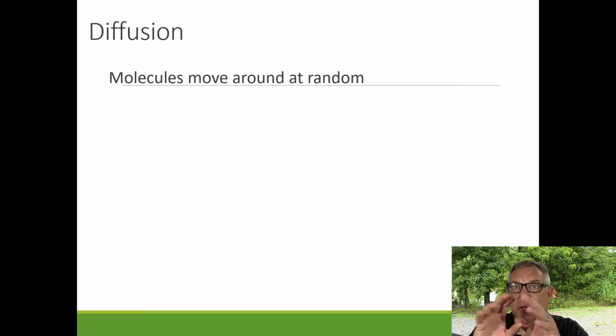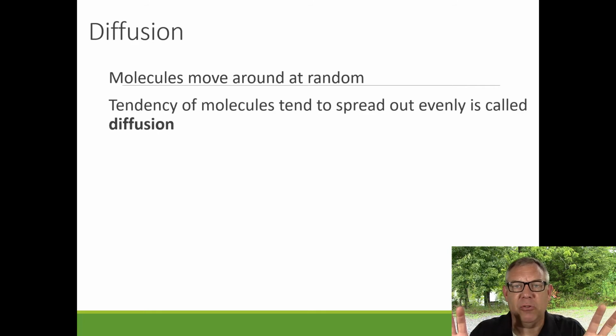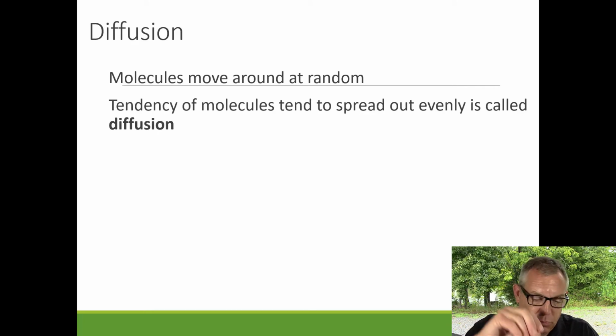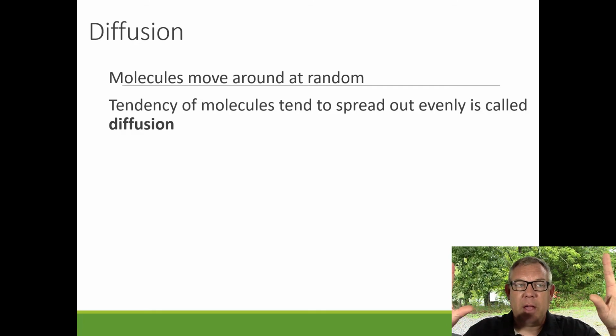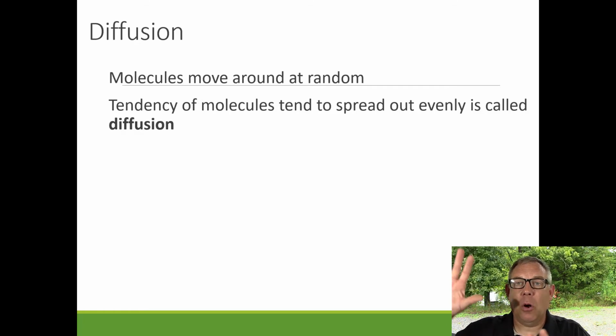And so things diffuse out. You've kind of heard this term. You can picture this term. Again, if you put some Kool-Aid or some food color in a drop in a glass of water, without stirring, you're going to see that color or that Kool-Aid spread throughout the whole container.